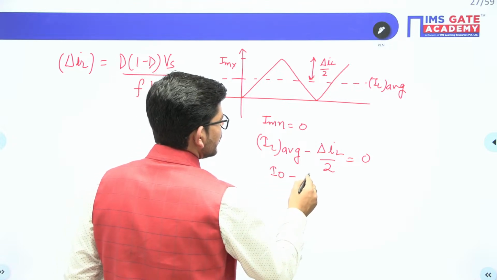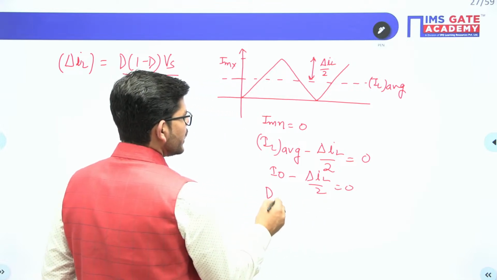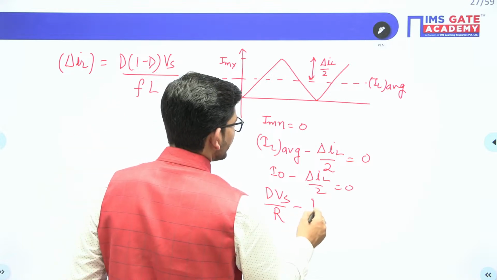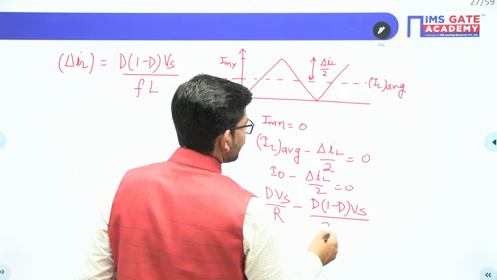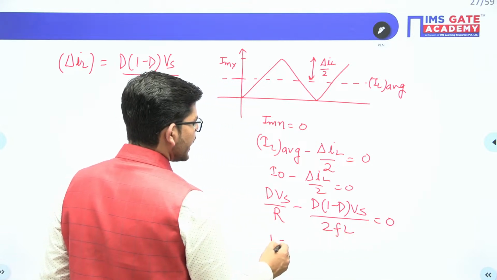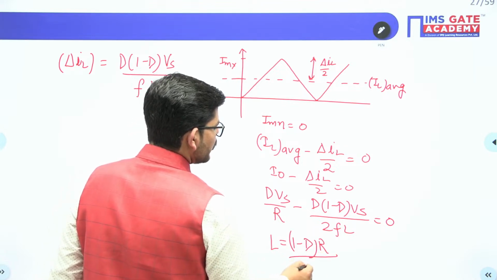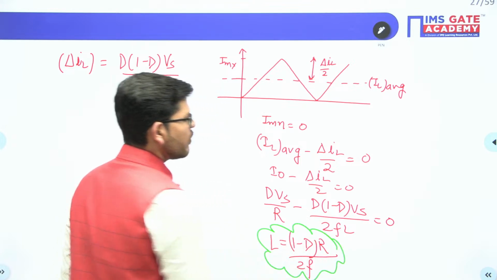I naught minus del IL by 2 is equal to 0. You may put I naught as dVs upon R, and del IL you have as d(1 minus d)Vs over Fl. So from here, if you solve for L, you will get L equals (1 minus d)R by 2F. This is also the formula for calculating the critical value of inductance.